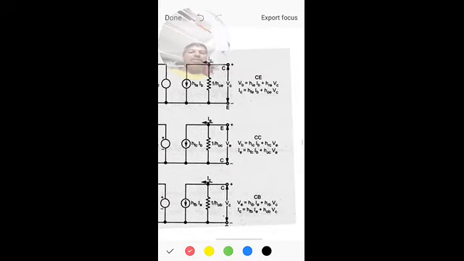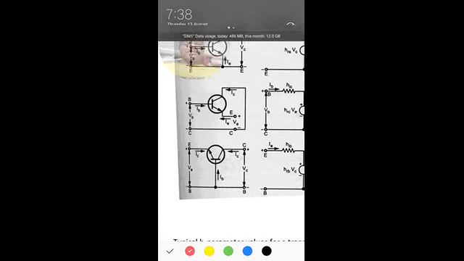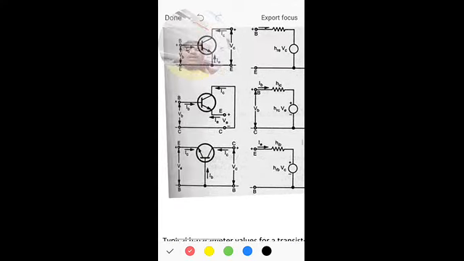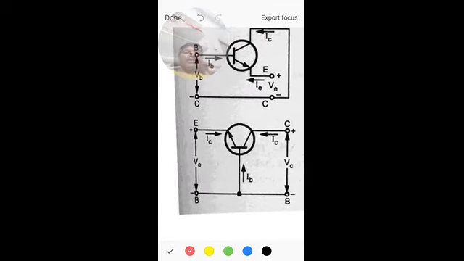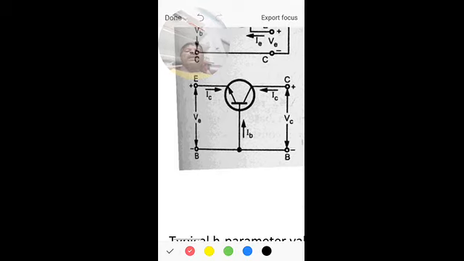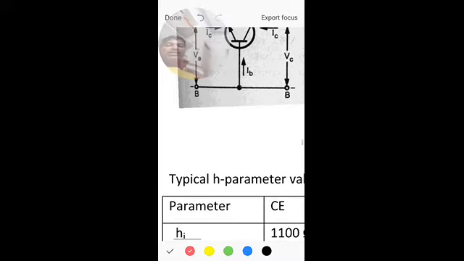For CB and CC configuration, for CB configuration, common base configuration, we write the input voltage and output current equations. This is the CB configuration.